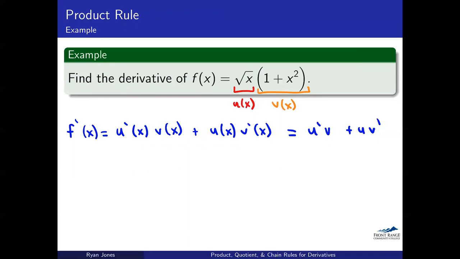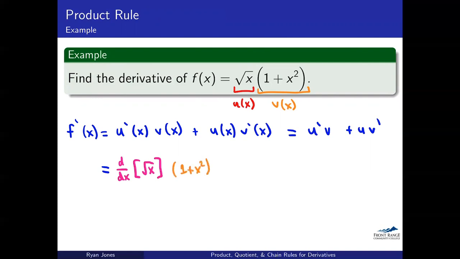So let's go ahead and go on here. Let's plug things in. In pink, I'll do u prime of x. So this would be the derivative of square root of x. Notice I'm going to use that notation with a d dx because I haven't actually taken that derivative yet. And I'm going to multiply that by the orange v of x, which is just 1 plus x squared.